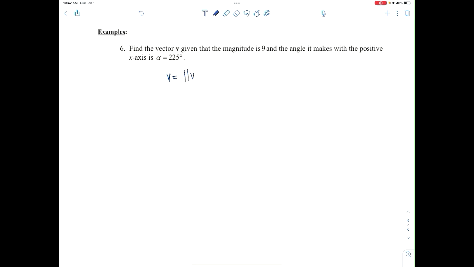v equals the magnitude of v times cosine of some alpha i plus sine of that alpha j. Now, again, they've given us the magnitude is 9. The angle is 225 degrees.